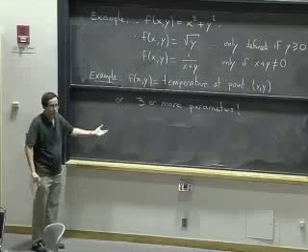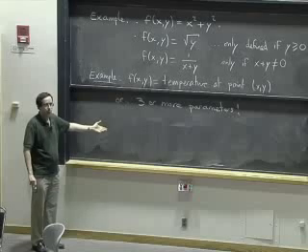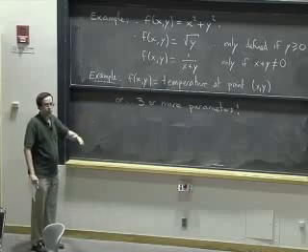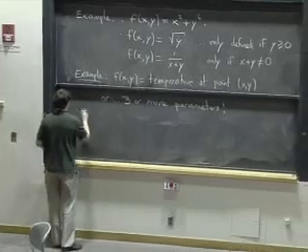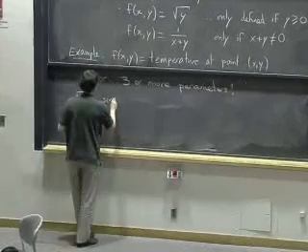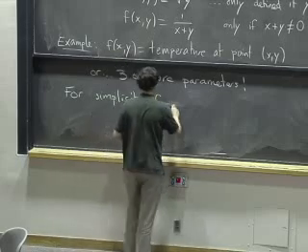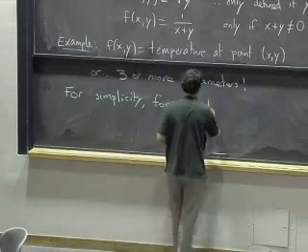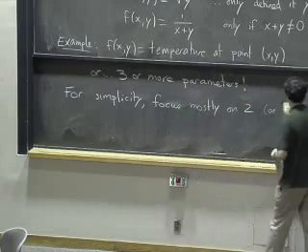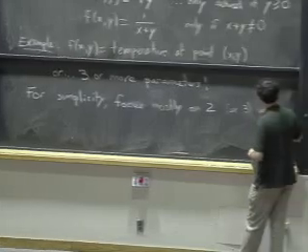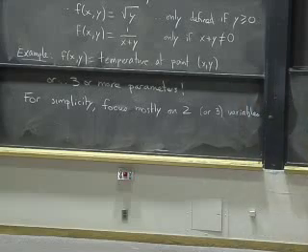The notion of partial derivatives, gradient vector, and so on, all the tools that we will develop work exactly the same way, no matter how many variables you have. So I'll say, for simplicity, we'll focus mostly on two, or sometimes three, variables. But it works the same in any number of variables.